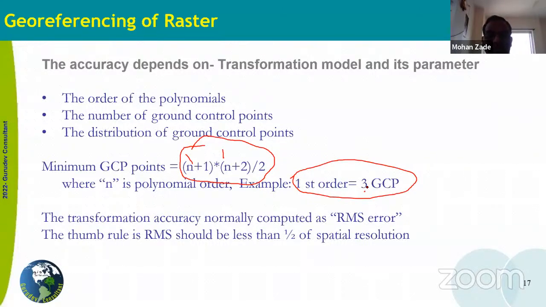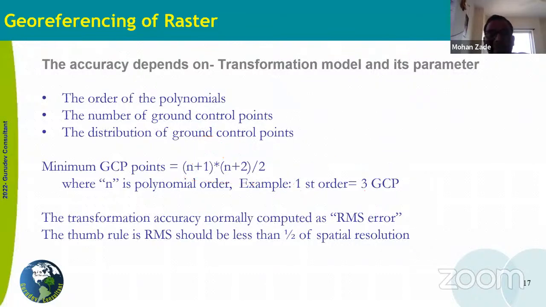These are available in any GIS and remote sensing software, in georeferencing. Georeferencing automatically calculates the root mean square errors, and with the help of this RMSE value, you can ensure that your accuracy is good enough.